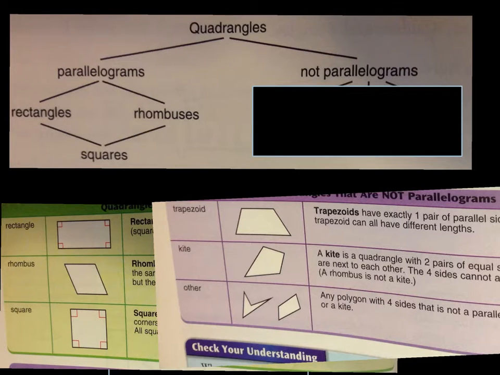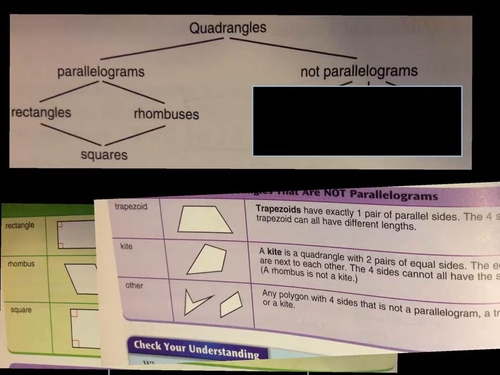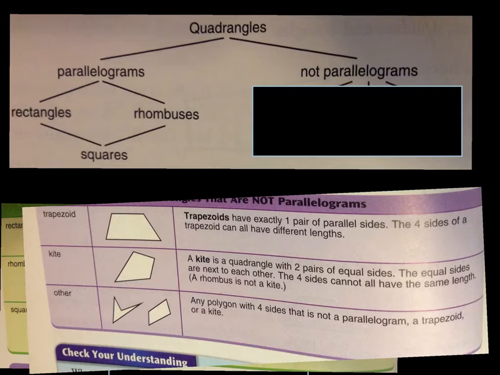Now let's take a look at the types of quadrangles that are not parallelograms. Whisper to your partner the 2 names of quadrangles that are not parallelograms. Yes, that would be the trapezoid and the kite, and then any other ones that don't fit the descriptions. So a trapezoid has exactly 1 pair of parallel sides, and the 4 sides of a trapezoid can have different lengths.